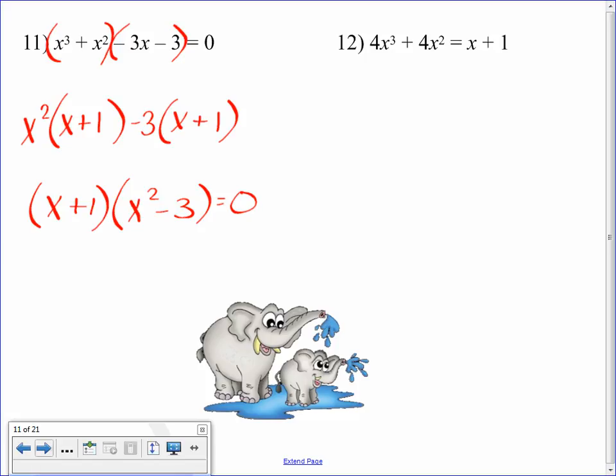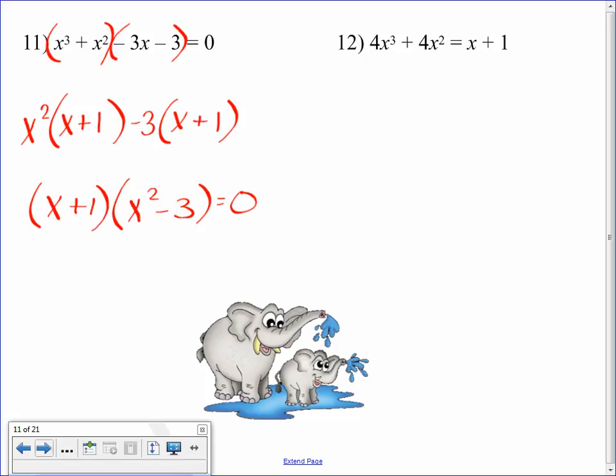Why didn't you teach us this before? Because you've never had anything with 4 terms before. I've never given you anything with 4 terms before. Thank you, Sylvia. Did you hear what Sylvia just said? You have to have the bare minimum of 4 terms before you can do this method. And a maximum of 4 terms.